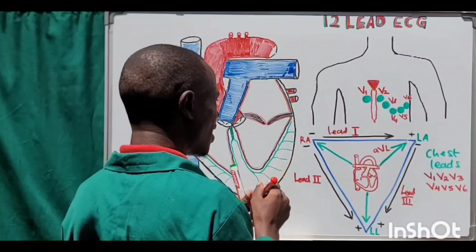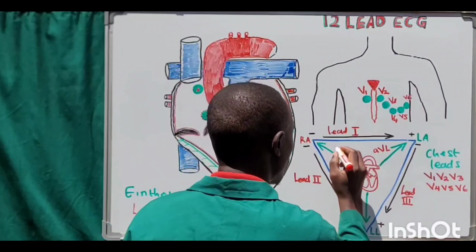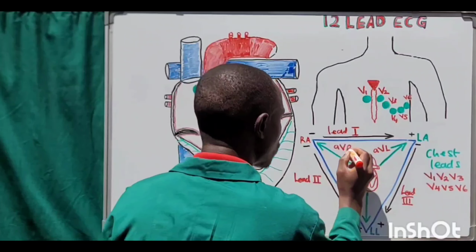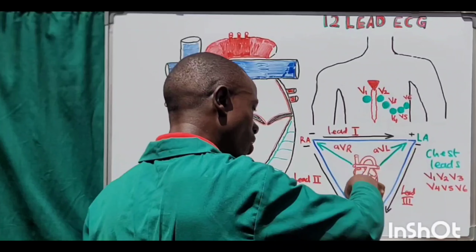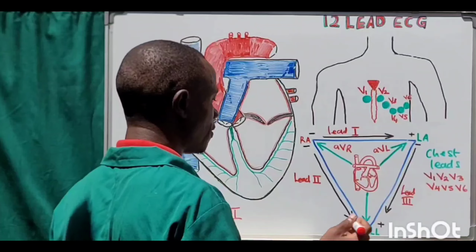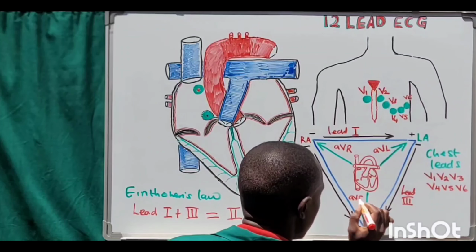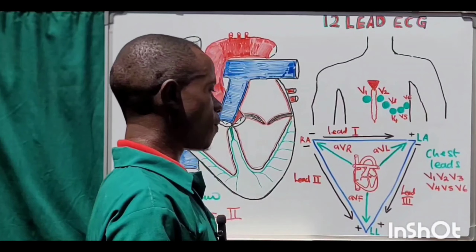We also have another view which is looking at the heart from the right arm, and this one is what we call the AVR. And we also have another lead which is looking at the heart from the left foot. This one here is what we call AVF.